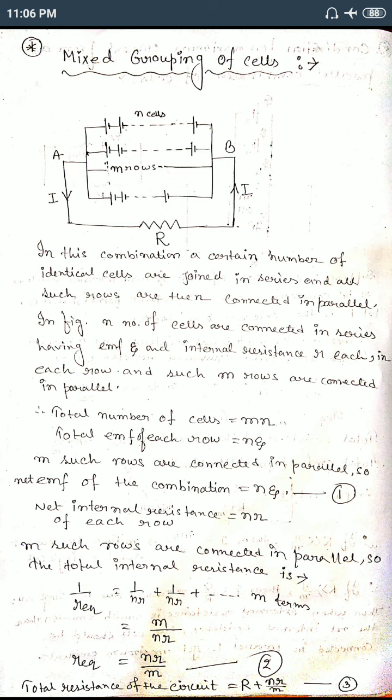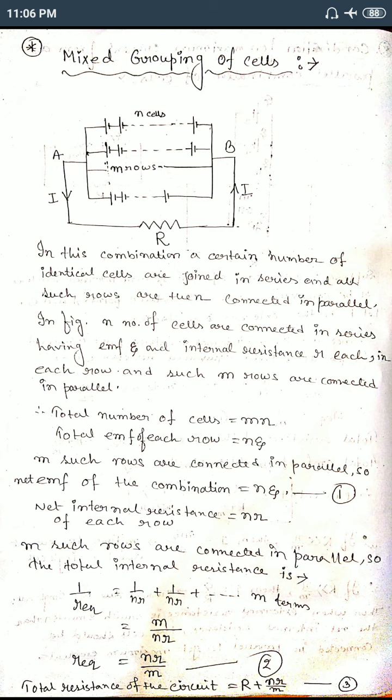Now we find out the resistance. Total internal resistance for each row is nr, since the cells are in series, so n into r. Now there are m number of rows, and these are connected in parallel.